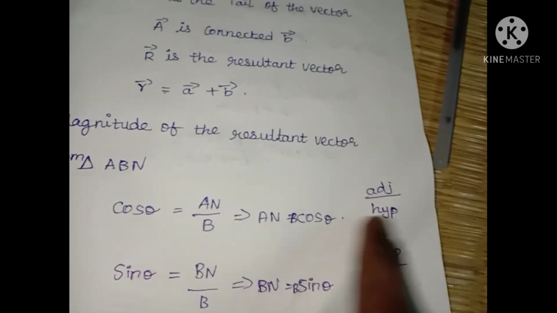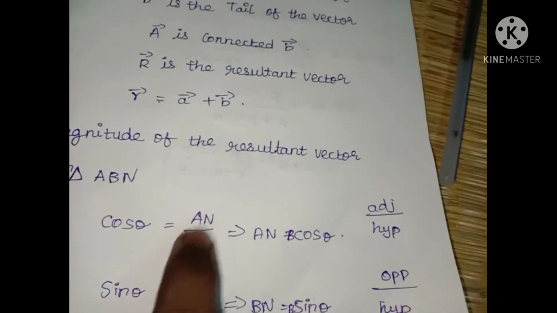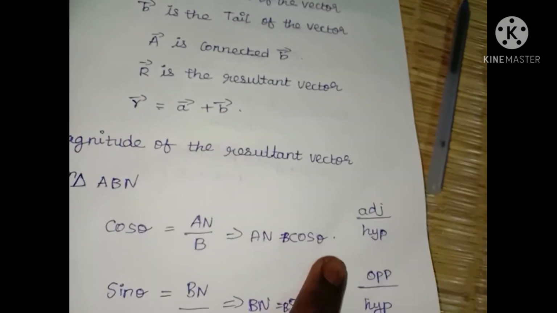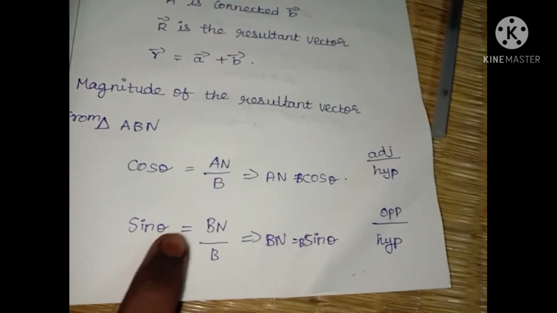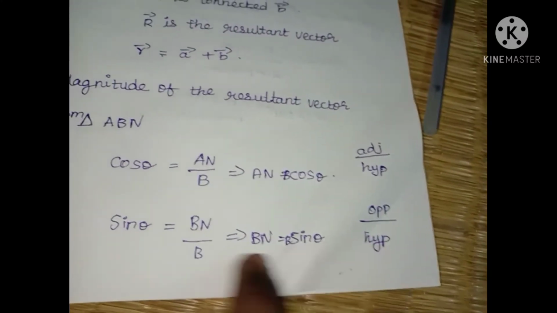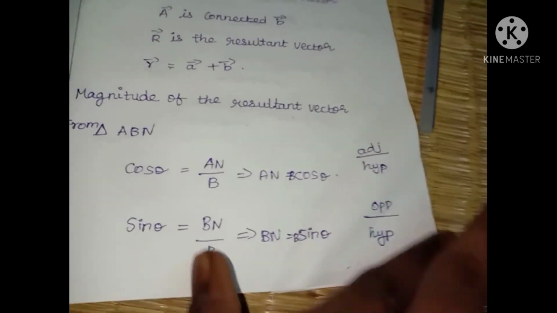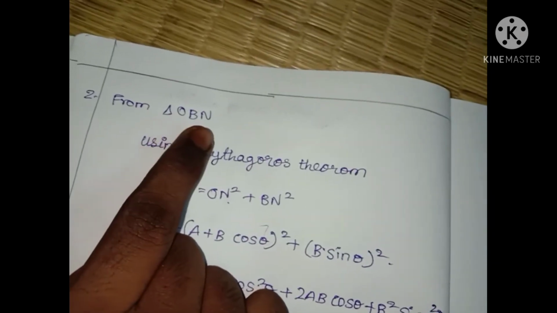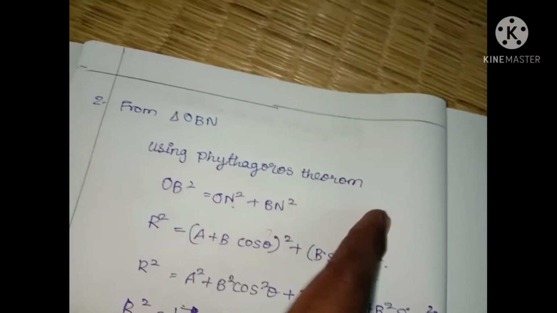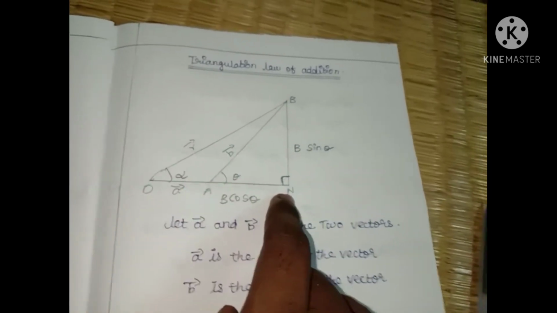Cos theta is equal to adjacent by hypotenuse, AN by B. AN is equal to B cos theta. Sin theta is equal to opposite by hypotenuse, BN by B, so BN is B sin theta. Then in triangle OBN, using the Pythagoras theorem, OB squared is equal to ON squared plus BN squared.